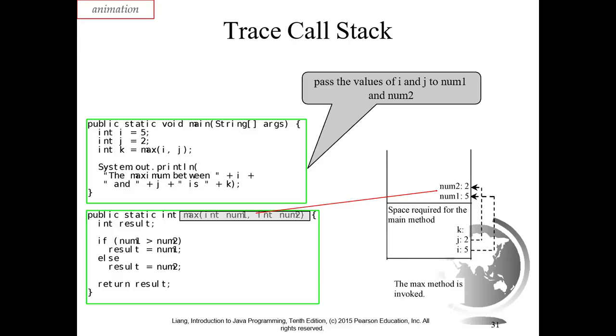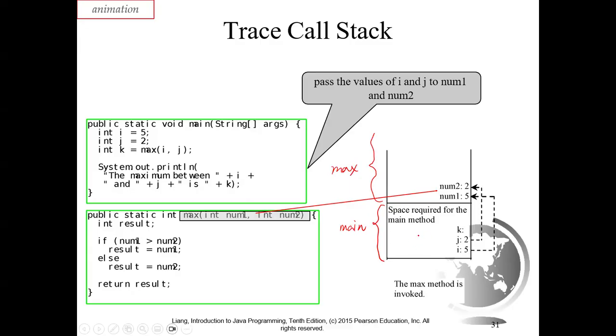And if we are calling a method, a new frame will come into our stack, right? So here, the max is coming. Actually, it doesn't show, but I would like to write: here is the main method, and above is the max method.